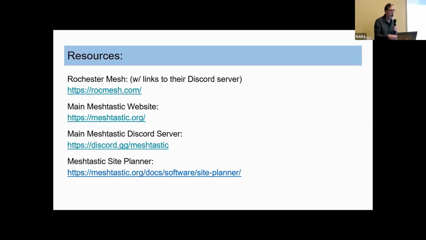And there's one real cool site if you're into this. I'll mention the Meshtastic Site Planner. That is a really cool site. If you've ever tried to do modeling of radio propagation and things like that, you can put in your latitude and longitude and the height of your antenna, and it'll understand the terrain and try to tell you how much coverage you're getting.